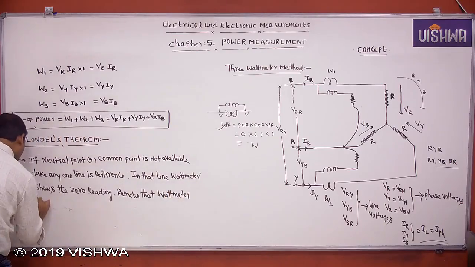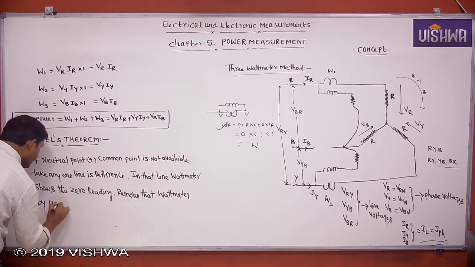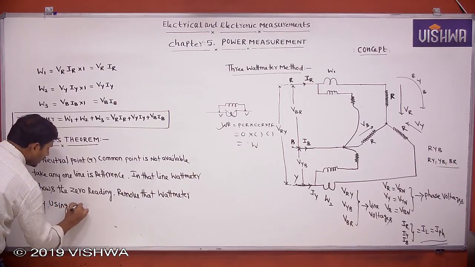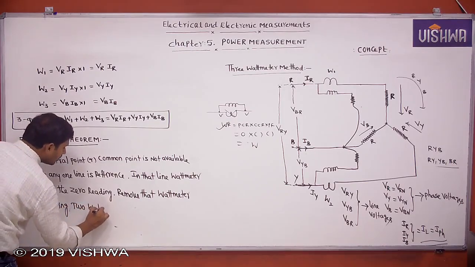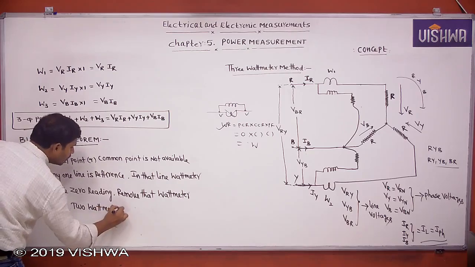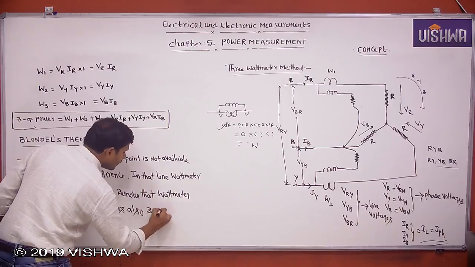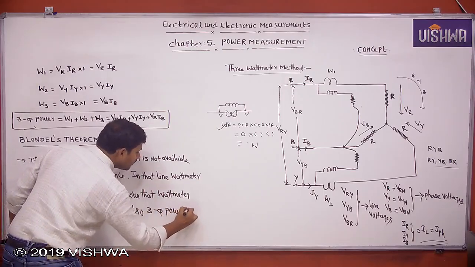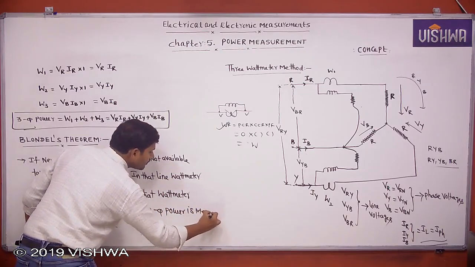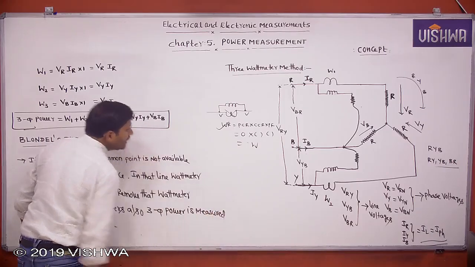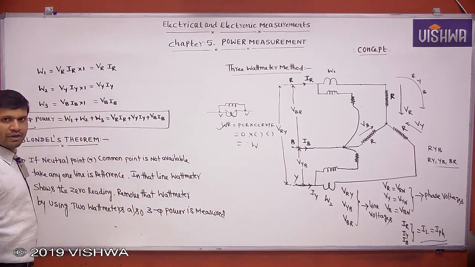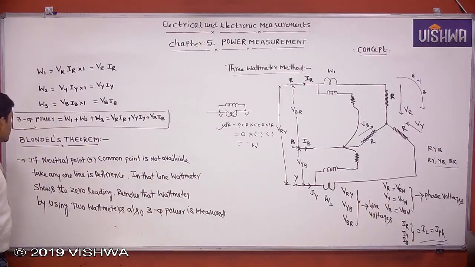By using 2 wattmeters also, 3-phase power is measured. Then we want to prove that this 3-phase power is measured using the 2 wattmeters. This is Blondel's theorem.